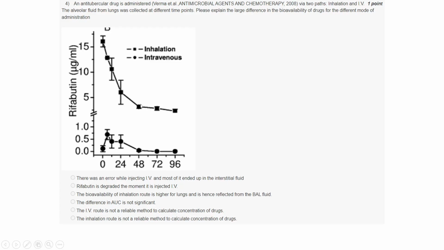So the question is asking us why we see that. There are a few options here. You guys can go through the options and then we can discuss which one is the right one.